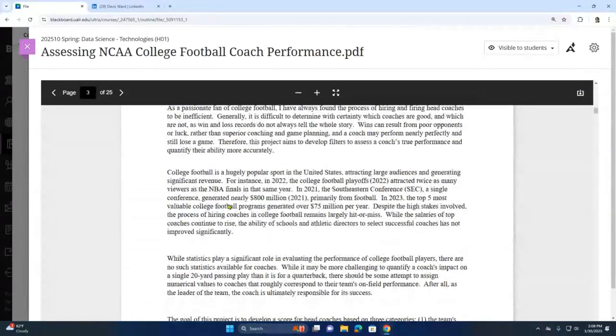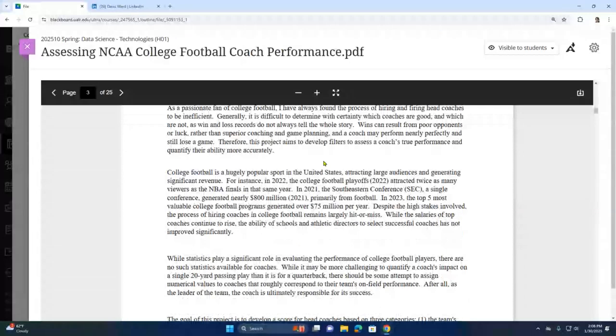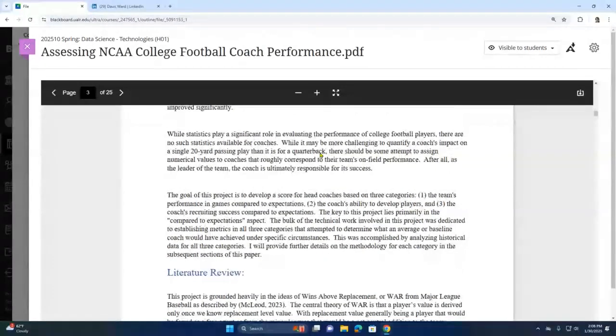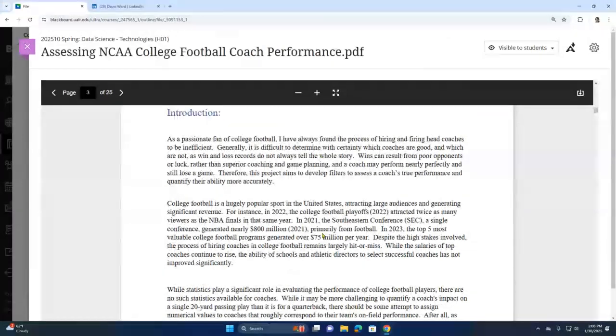Okay. So Davis starts off with an introduction, and we've actually covered a little bit of the introduction. I will say this: part of his motivation is that, as he looked at how you rate coaches, one of the things he noted is that it's so common to judge a coach based on wins and losses.